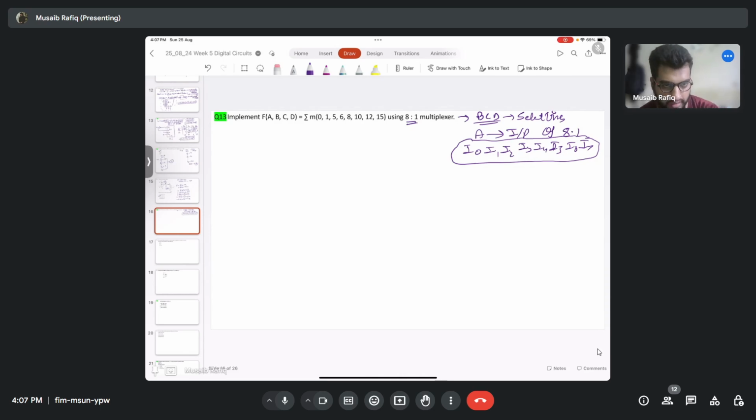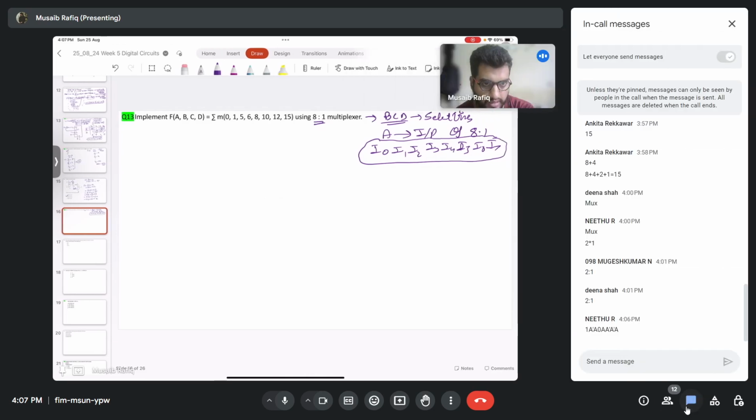Just one more minute. One of the students has written some answer. Let's see whether that is correct or not. Anyone else?